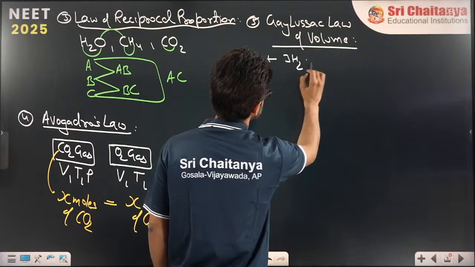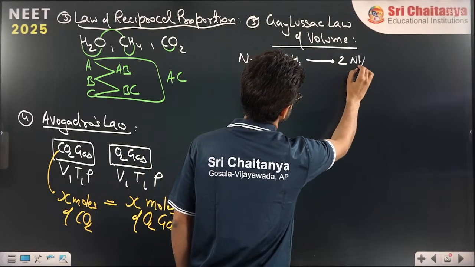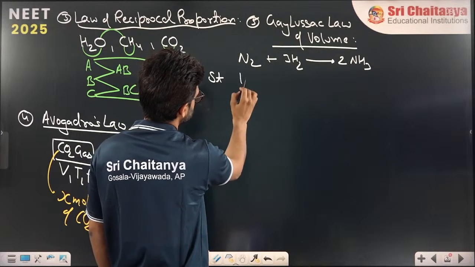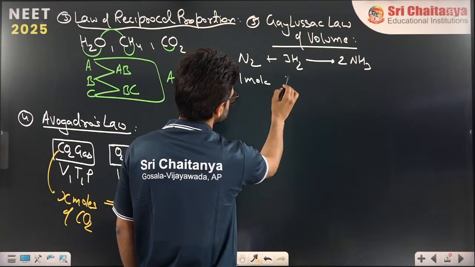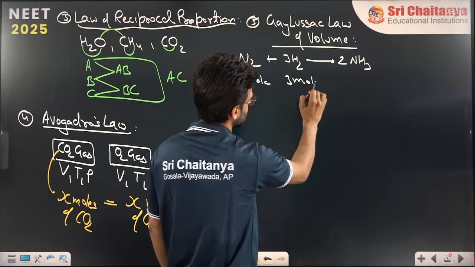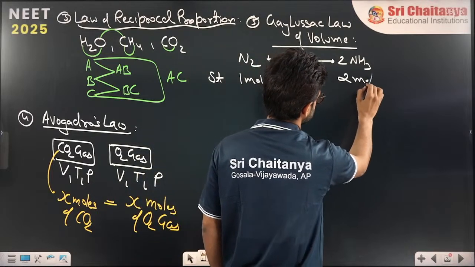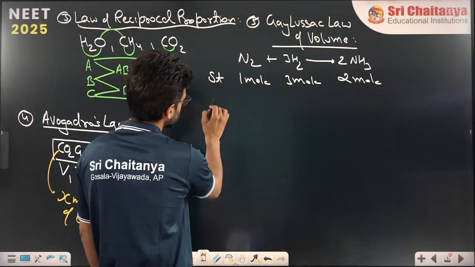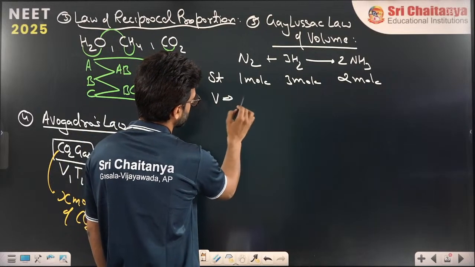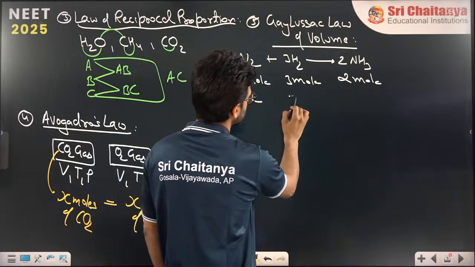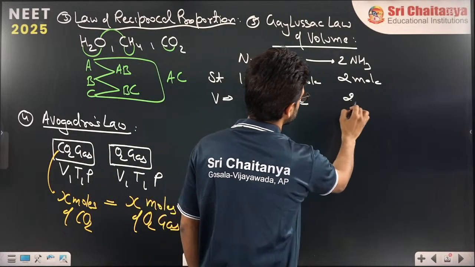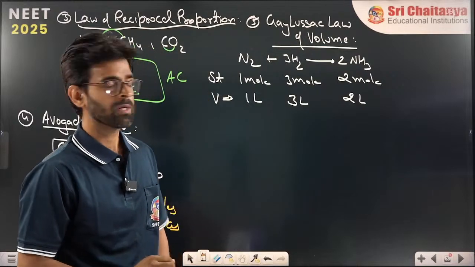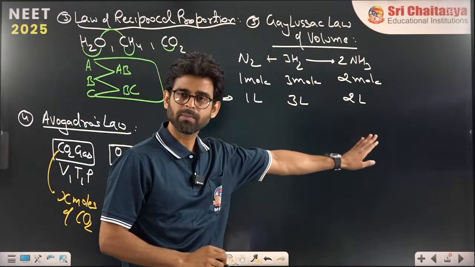If I have N2 + H2 forming ammonia, stoichiometry is clearly telling us that if I take 1 mole of N2, I need 3 moles of H2 and it will make how much? 2 moles of ammonia, right? So if you write this stoichiometry in terms of volume, I can say 1 liter of N2 requires 3 liters of H2 and will form how much? 2 liters of ammonia. Or I can say 1 ml, 3 ml, 2 ml.